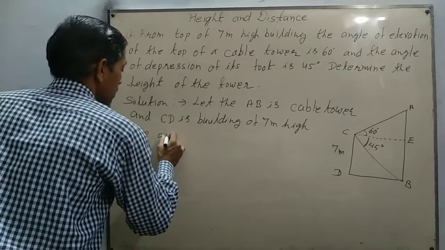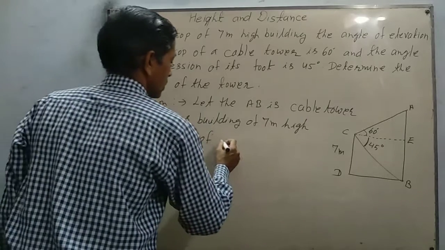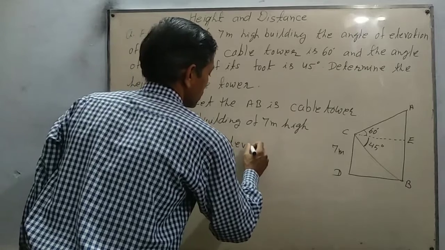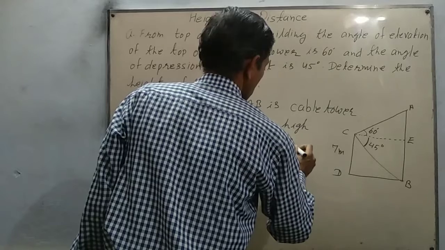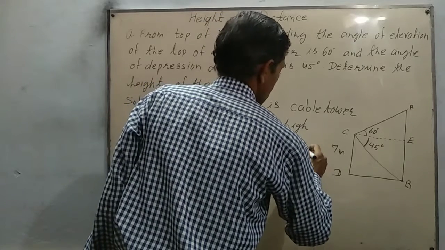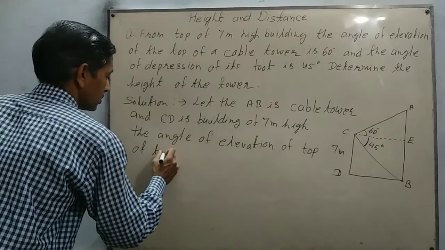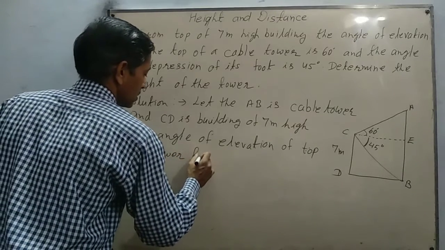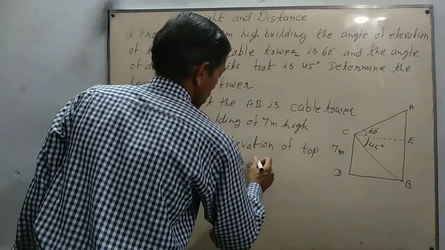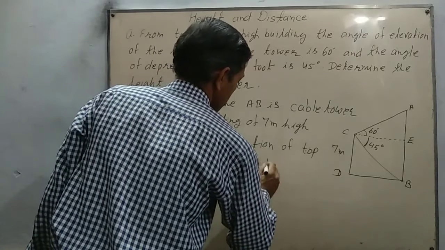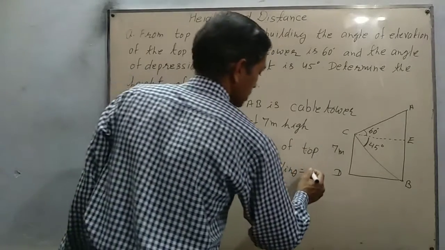The angle of elevation of top of tower from top of building is equal to 60 degree.